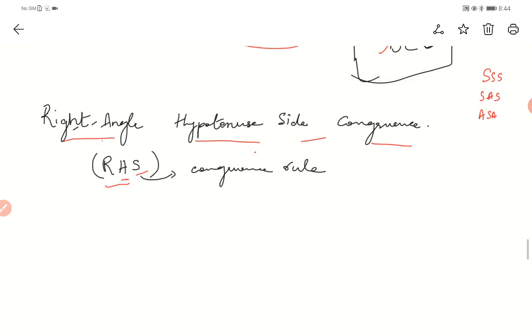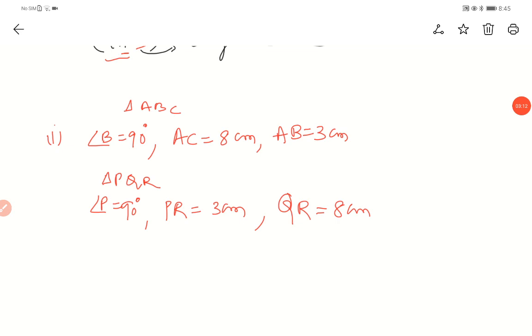All right, let me draw the picture and then continue. The one problem I've taken: these are the measurements given for parts of two triangles. Two sides and one angle are given for triangle ABC, and similarly for triangle PQR, one angle that is 90 degrees and two sides are given.